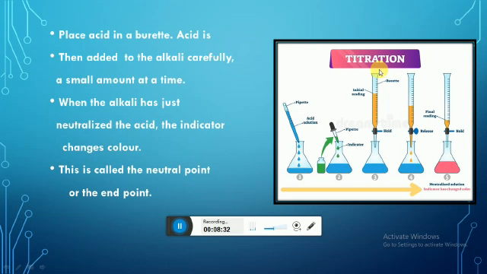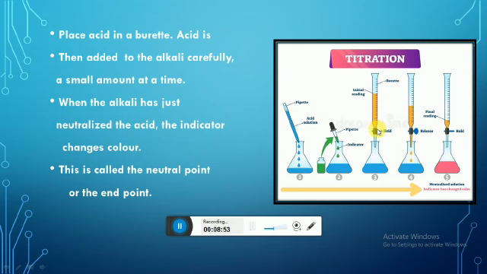Through this we can release a few drops step by step, and the level of alkali or acid reduces with the passage of time, and there will be a time when the color of the solution changes, as in figure 5.